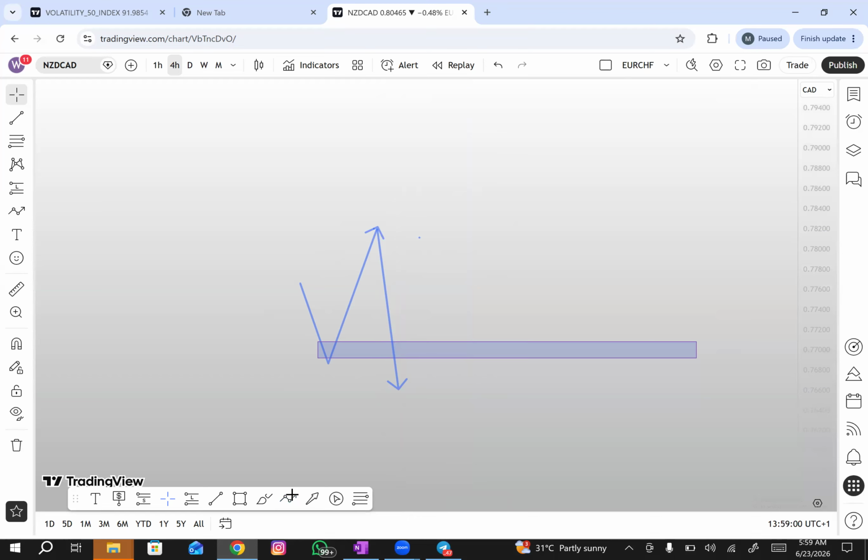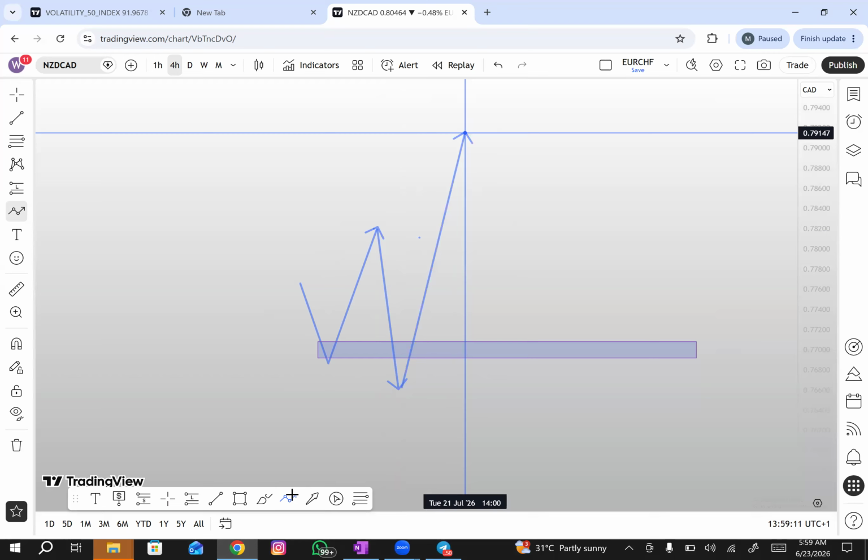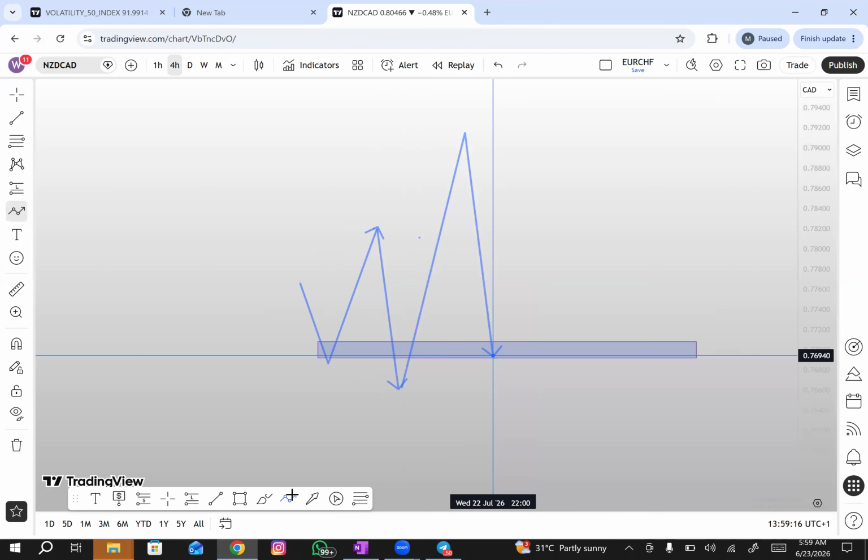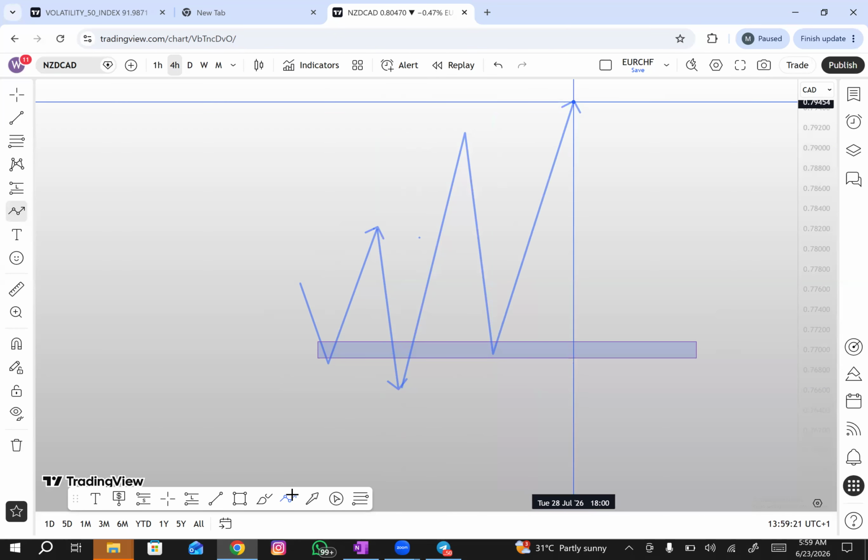So what am I expecting price to do? Now that the order block has failed, it becomes my POI. And so price breaks and then comes into this zone and then buys from there. It's as simple as that.